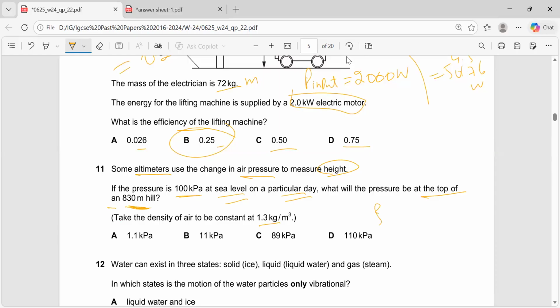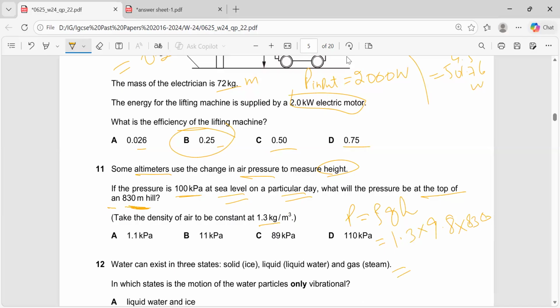Pressure of the fluid is equal to rho g h. Density of the air is given 1.3. g is always 9.8. And height is 830 meters. And all units are system international units.